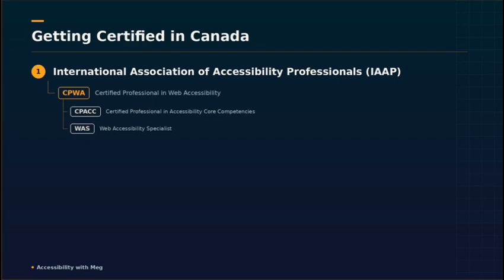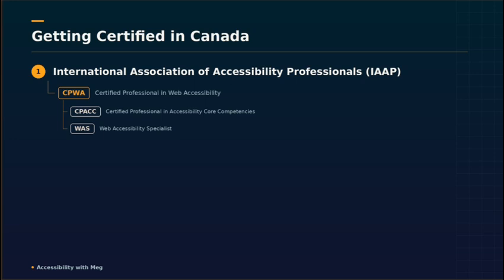The International Association of Accessibility Professionals, or what we call IAAP, is the go-to certifying body here in Canada, right? Their flagship credential is the CPWA, which is the Certified Professional in Web Accessibility. Now, what makes CPWA valuable is that it's actually built on 2 exams.